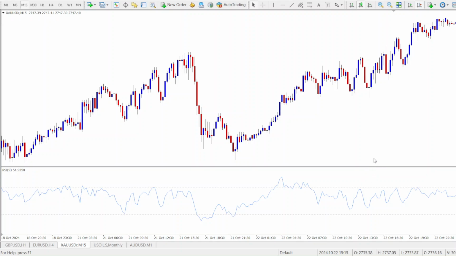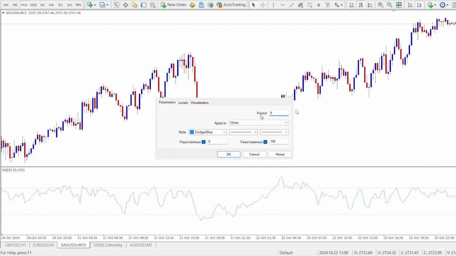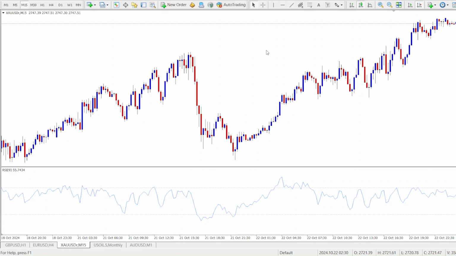So when you are trying to make the RSI respond to price changes fast because you are scalping, note that the lower the period, the easier it is for false signals to be generated. So we can just stick with this 9 period for our settings on the 15-minute chart.